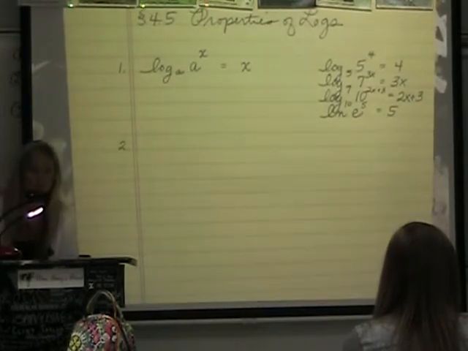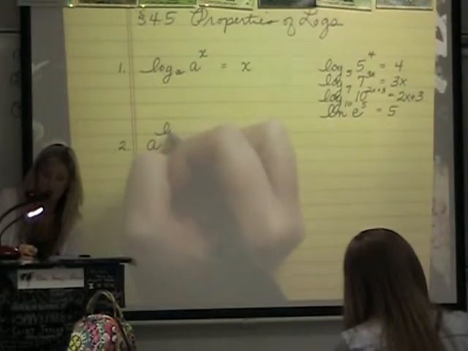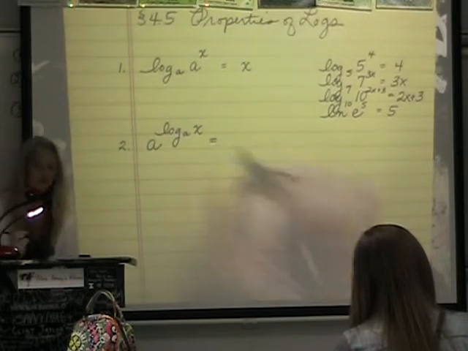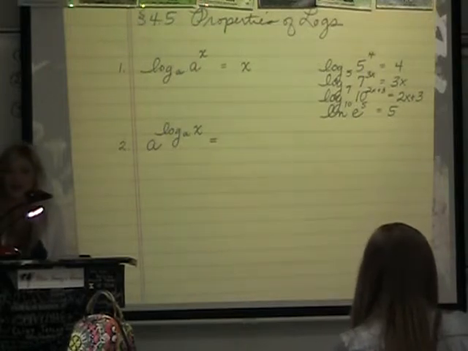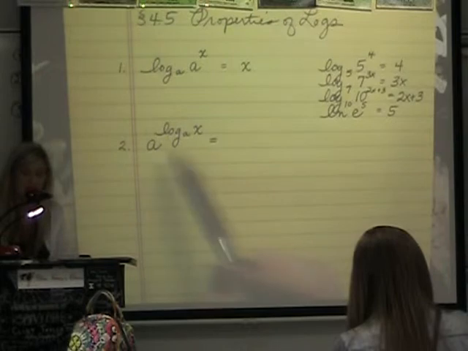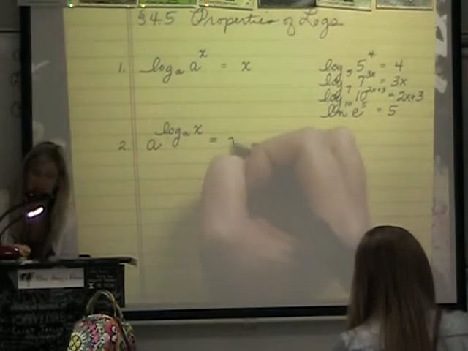It's still an inverse property, but this time you have an exponential raised to a logarithm. So if you have an exponential base a raised to a logarithm base a, the exponential and the log cancel each other out and leave you with the expression that you're taking the logarithm of. So in this case, just x.